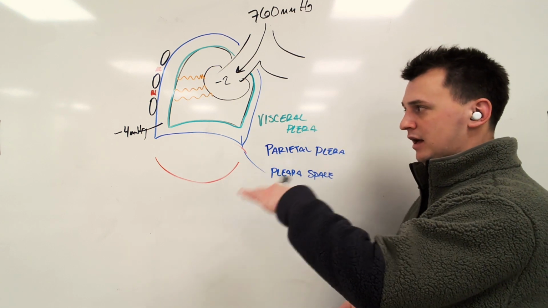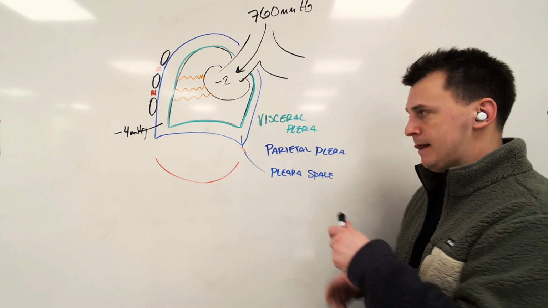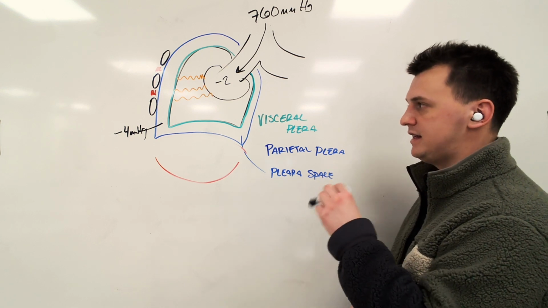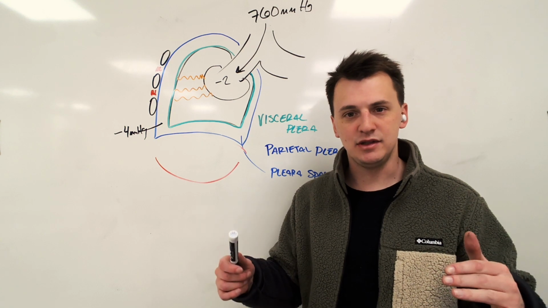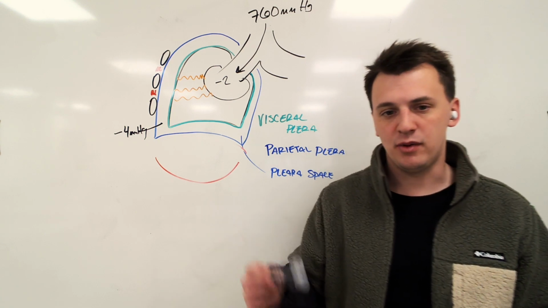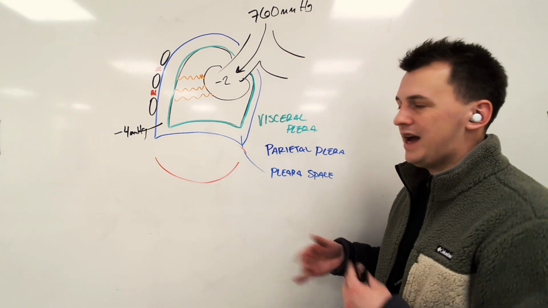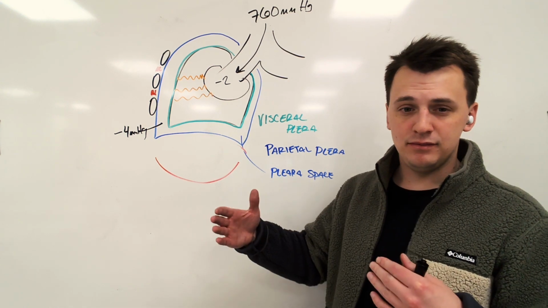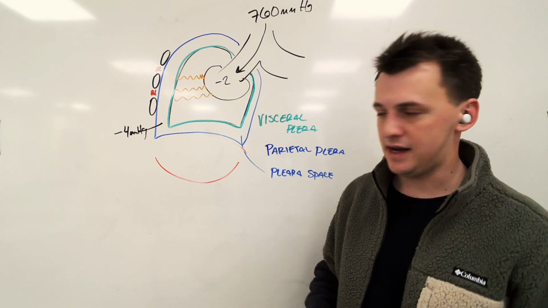And while I have this up, I want to explain something of clinical importance, and that is pneumothorax. Pneumothorax is a collapsed lung. Usually what happens with a pneumothorax is an accident can occur. That accident can be quite wide; there's a spectrum of accidents that could cause this to happen.